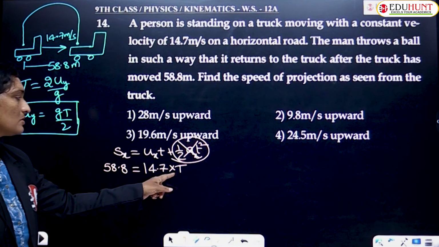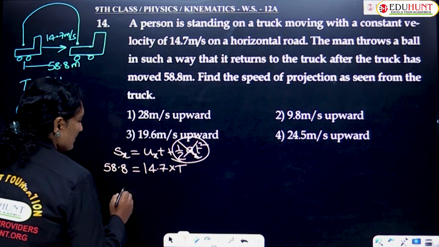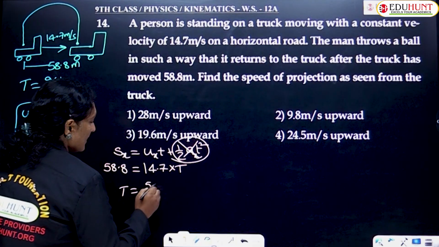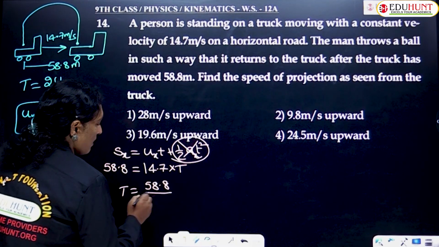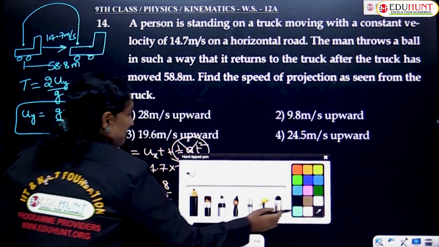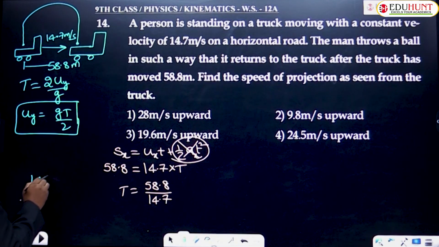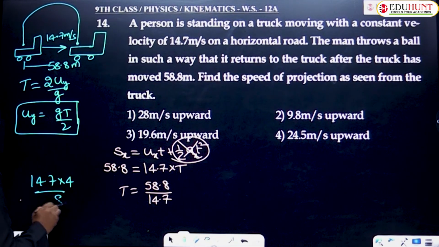So let us solve for the value of T here and substitute in the above equation. So we have the value of T can be written as 58.8 upon 14.7.